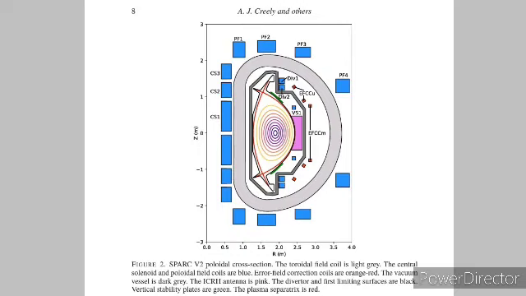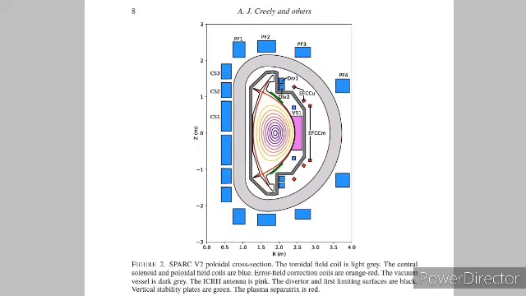The ICRH antenna design has also progressed considerably in order to ensure that it will be able to reliably couple the necessary amount of power to the plasma. In addition, the effects of neutron heating have been modeled for the entire device, including determining the requirements for cooling of the superconducting magnets during DT operation.